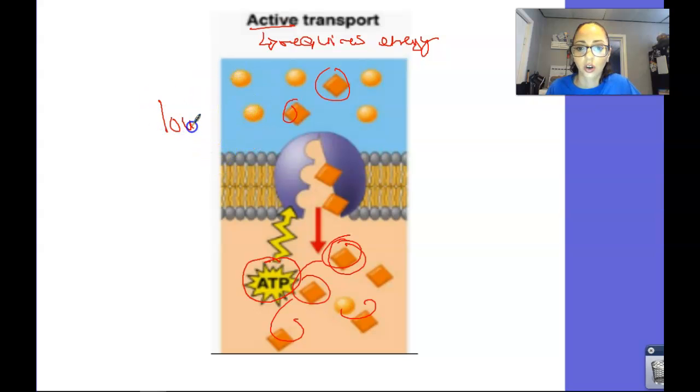So they're going to go from low concentration to high concentration, against the concentration gradient. So think about if you're trying to swim against the current, right, you will need a lot of energy to be able to move because you're swimming against it. So that's basically what active transport is.